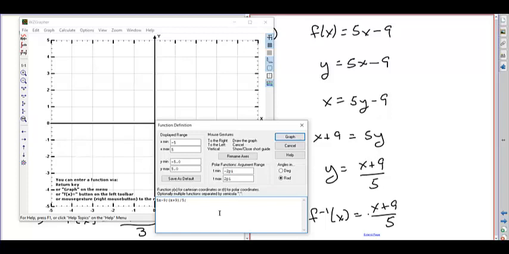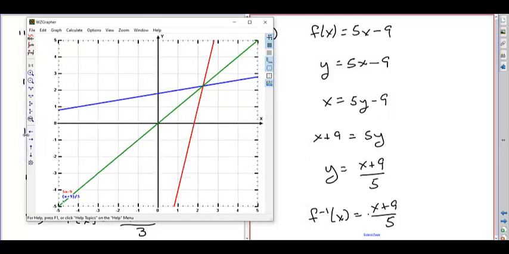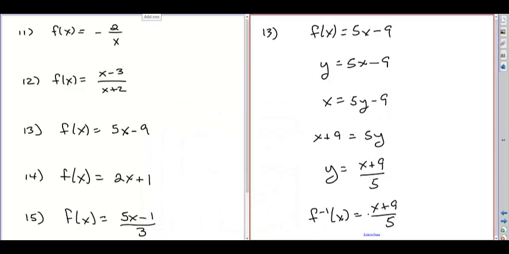And we'll also plot y equals x. And there we go. Just make these about square. Okay. So the red curve is the original curve, the blue curve is the inverse, the green is the y equals x.